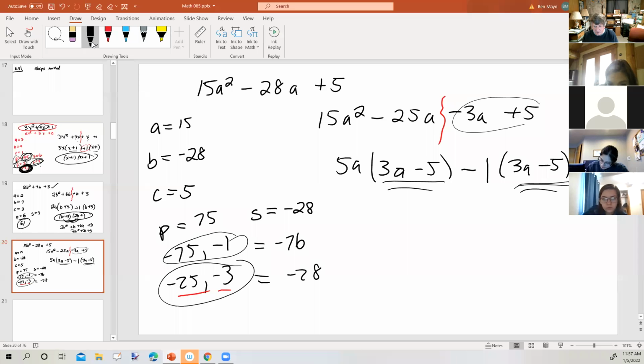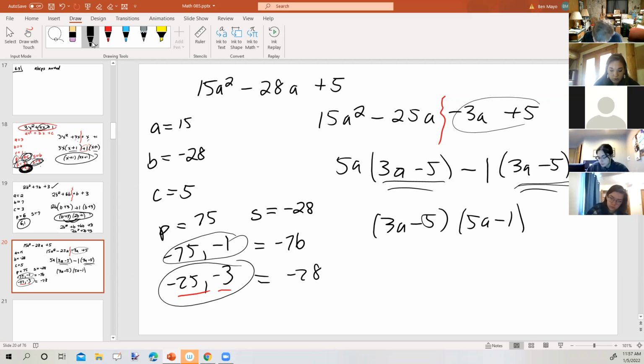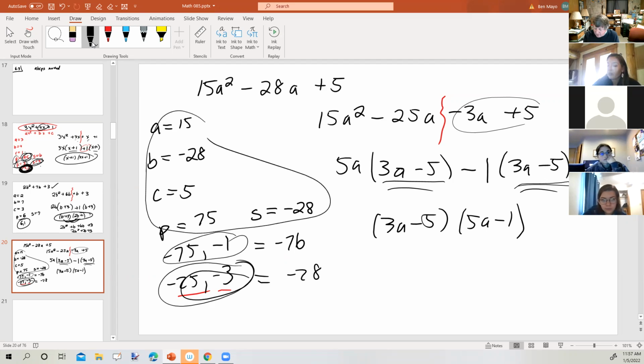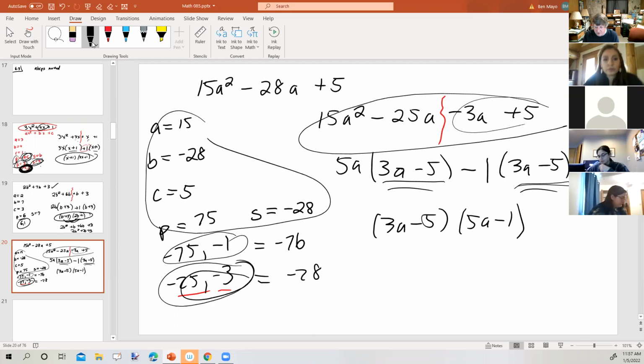See why I took out a minus? So now the greatest common factor is 3a minus 5, and the leftovers is 5a minus 1. Everything in this process is mechanical except finding the two numbers. In other words, this process here is always the same. This process here is always the same. It's finding those two numbers that's the tricky part.